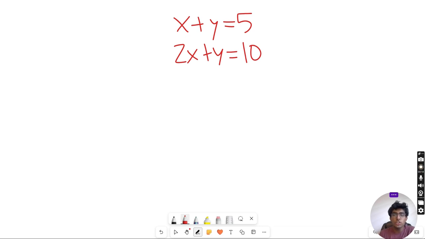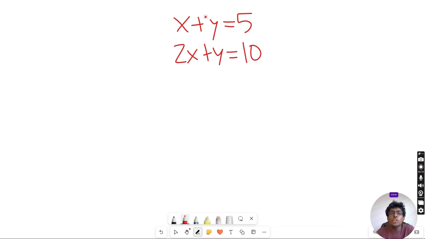How do we know which one to do for each type? Graphing is kind of rare. You really only want to do graphing if you can easily get both equations into y equals mx plus b form, which in this case, technically yes, because all you'd have to do is move the x to the other side. But this is why I want to use elimination.